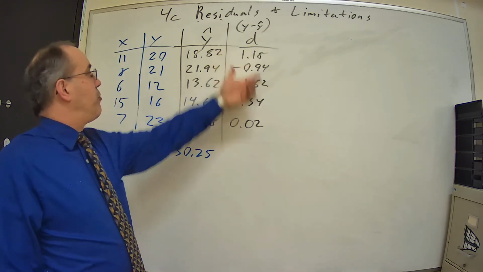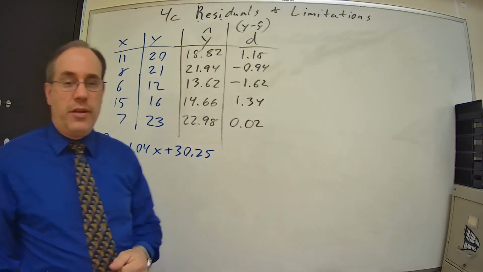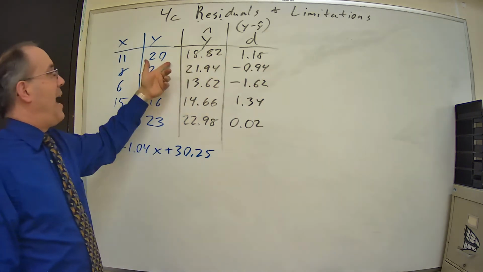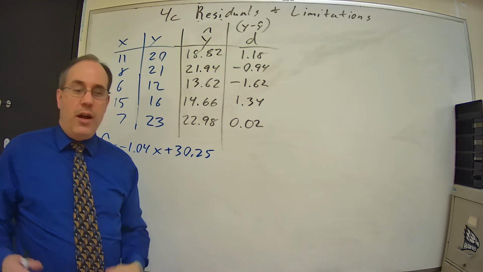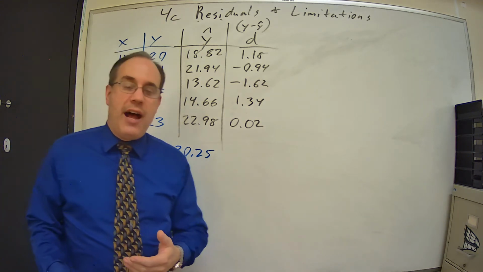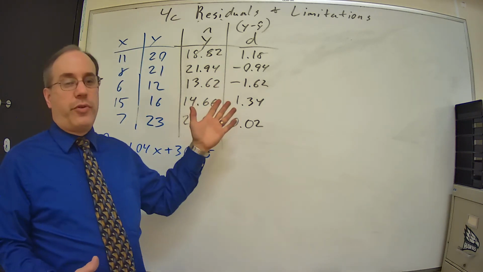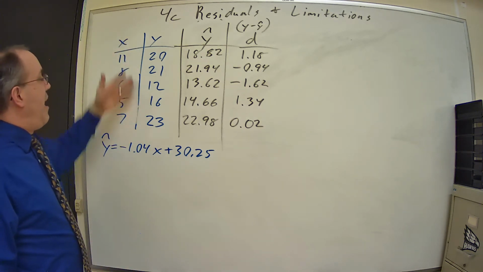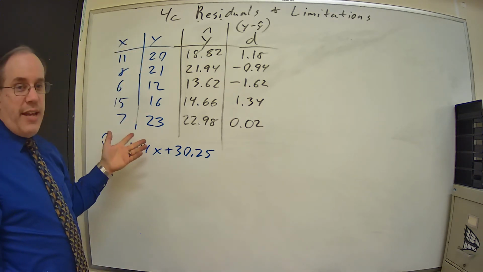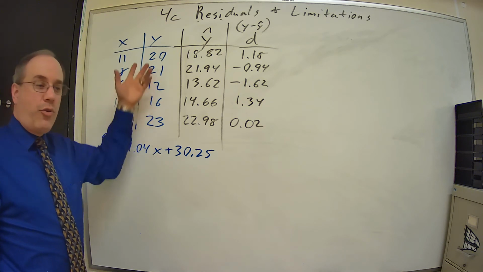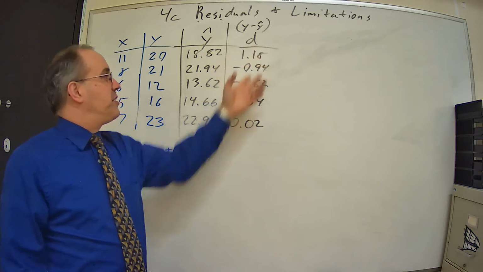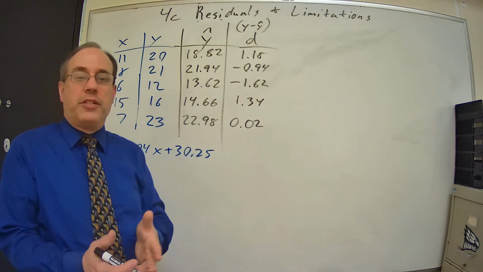And we can see they're much smaller than the actual values. But that's how far off our predictor was from the actual real-world values. Obviously, if we have a linear regression equation and a set of data that has a strong correlation, then these residuals will be smaller.